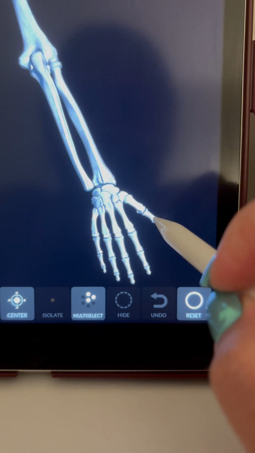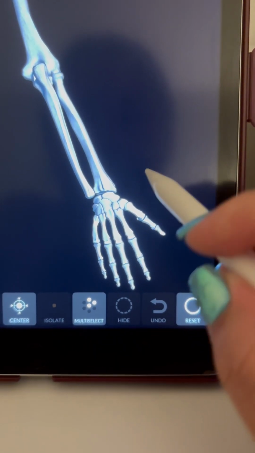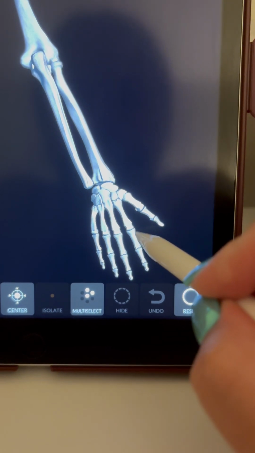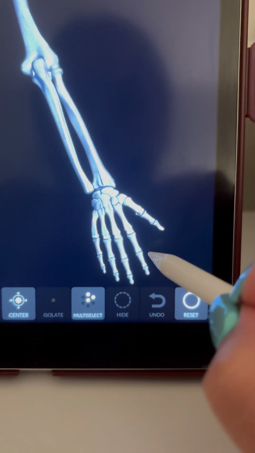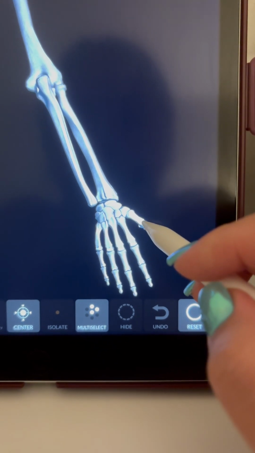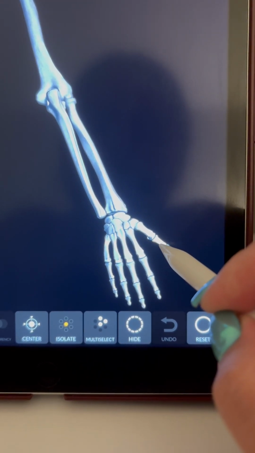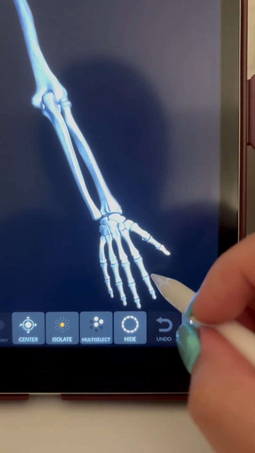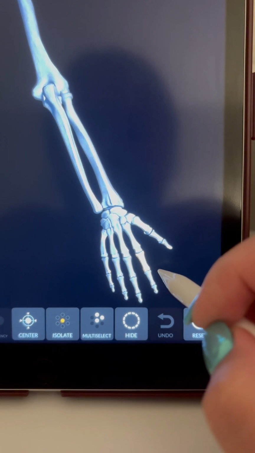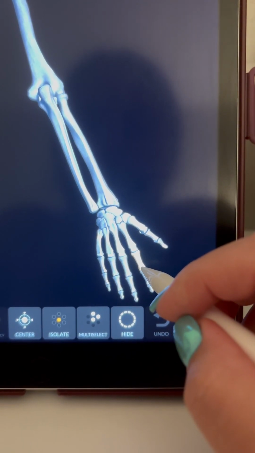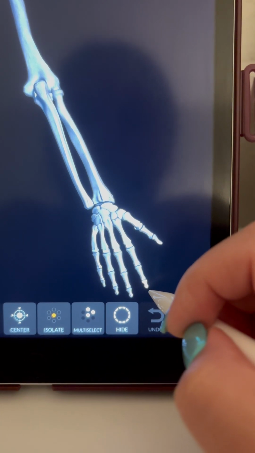The thumb only has a proximal and a distal phalanx. It doesn't have a middle phalanx, compared to this one, which has a proximal, a middle, and a distal. So for the thumb you'll just go proximal phalanx 1, distal phalanx 1, and then for the other ones you'll put proximal phalanx 2, middle phalanx 2, distal phalanx 2.